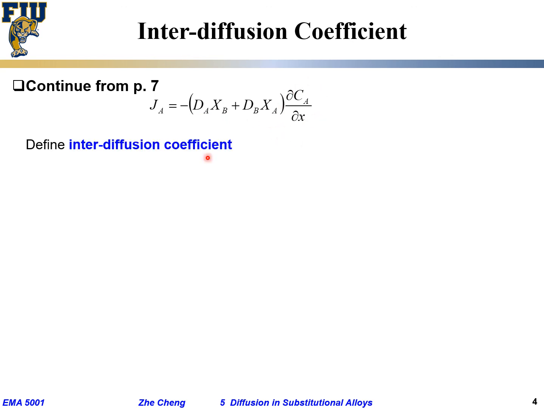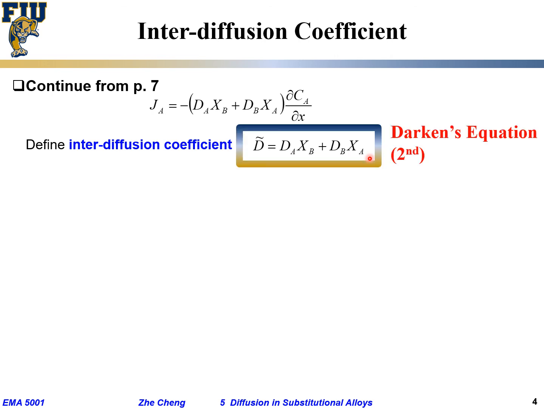And if we define the so-called interdiffusion coefficient, because we are dealing with A and B, an alloy, D tilde is D_A X_B plus D_B X_A, then this whole thing we call Darken's equation. Generally D tilde is not the same as D_A, not the same as D_B, which are the so-called intrinsic diffusion coefficients.